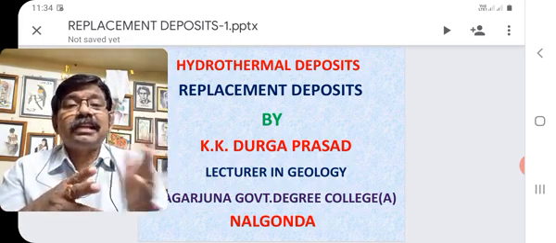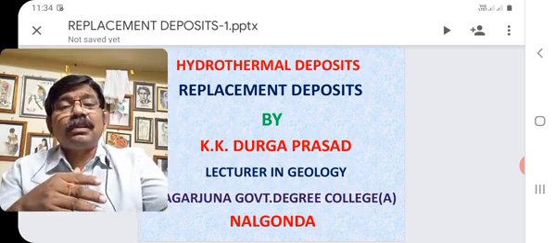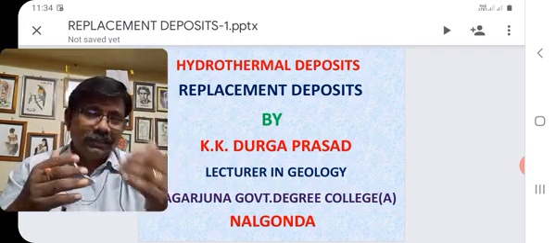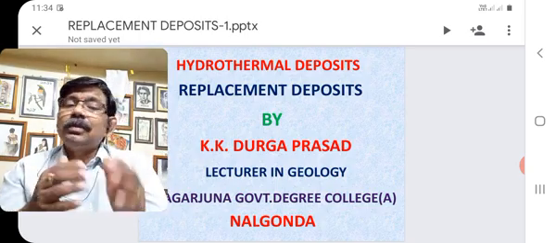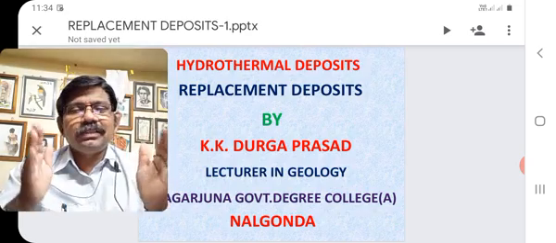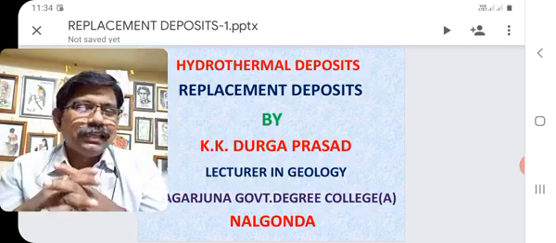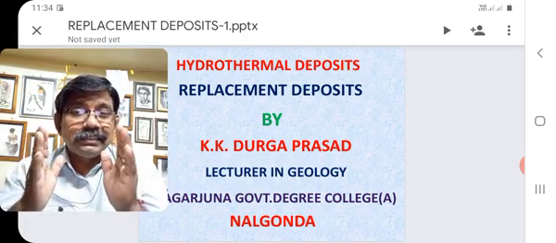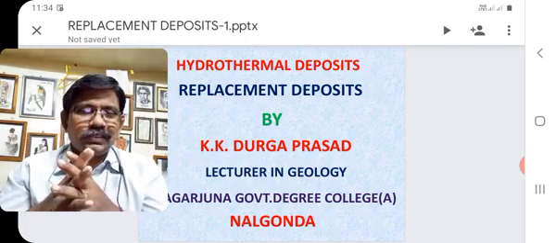Just like Bowen's reaction principle, where after pyroxene you face hornblende, like this. It is not a mineral process as such, but there is a discipline, an order, a specific distinct way for the deposition.